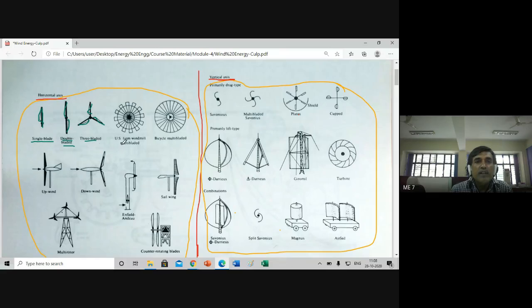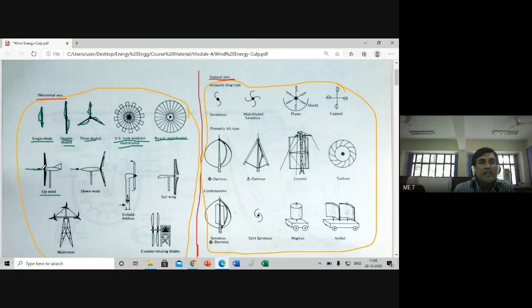Turbine blades. Next is farm windmill multi-bladed. US farm windmill multi-bladed, it is like this. Next is bicycle multi-bladed. Next, upwind. Upwind double bladed. See the direction of wind.